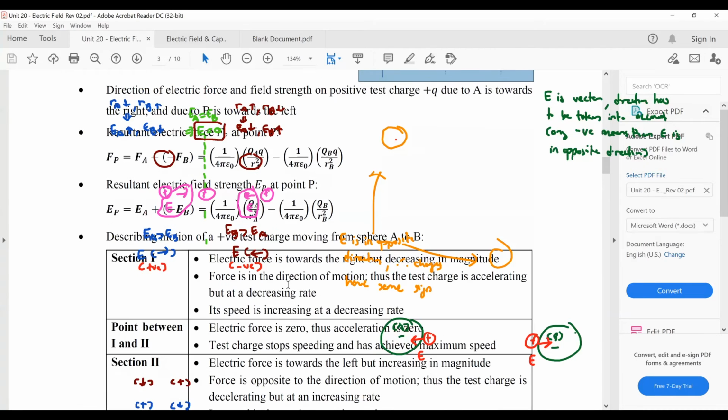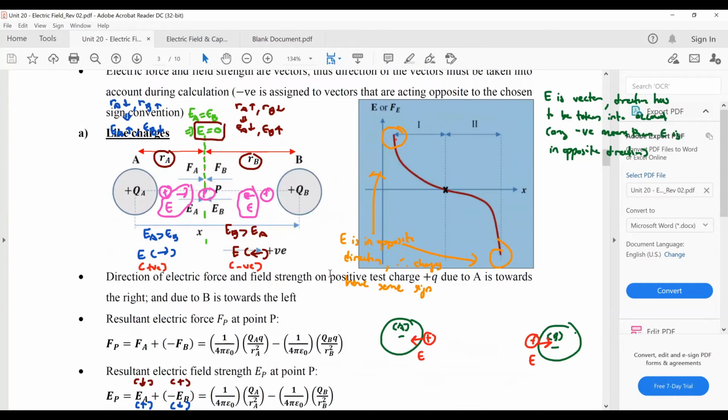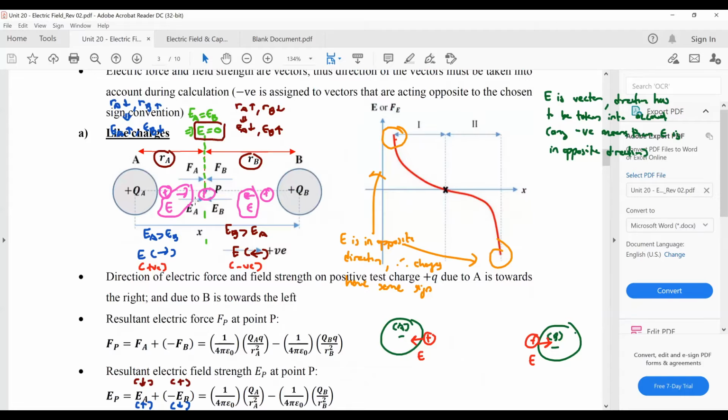Then after that, there will also be a case where sometimes we will ask you to deduce from the graph whether a positive test charge will be speeding up or slowing down when it is moving from one end to another. So let me just explain that to you. Let me rub this one off.